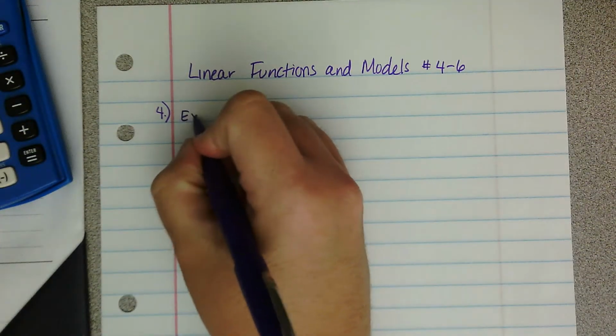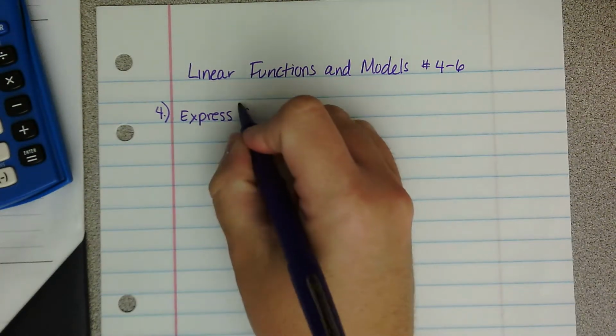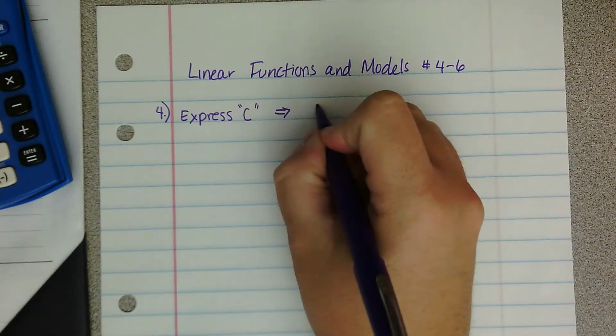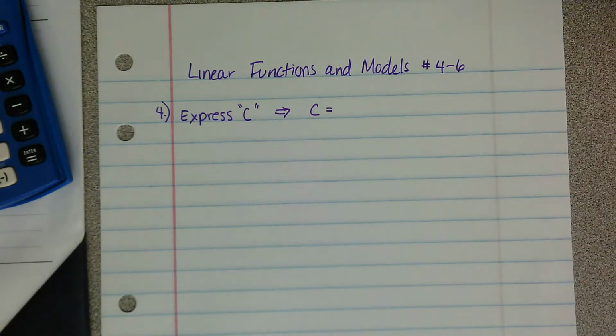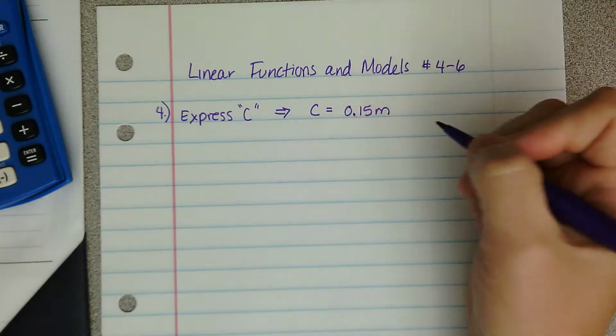Remember, that means that you want to use a C equals equation. And as a function of the miles. So as far as cost goes, her mileage is going to be 15 cents per mile. So 0.15 M. We're going to use M for miles.